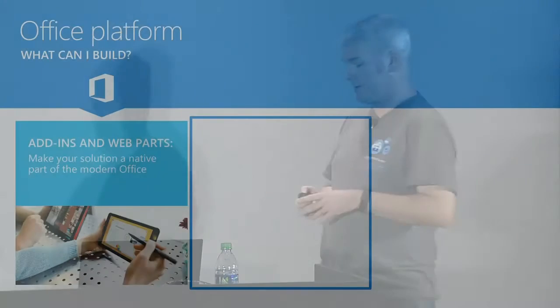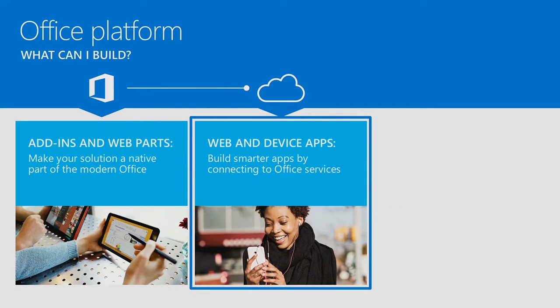So, the Office platform. You probably saw something similar to this during the keynote if you went. We like to think of the Office platform as divided into three silos or columns. The first one is add-ins and web parts. This is not what we're going to talk about today, but the graph could certainly be used by add-ins or web parts. Then web and device apps.